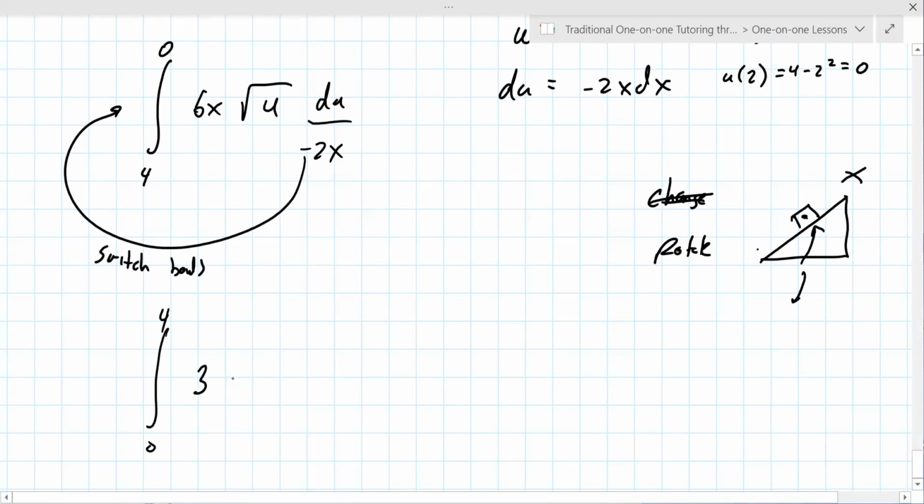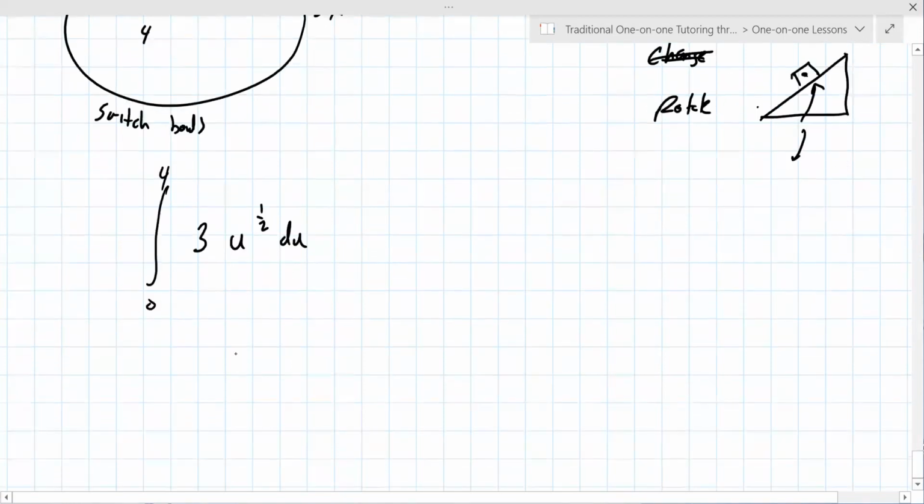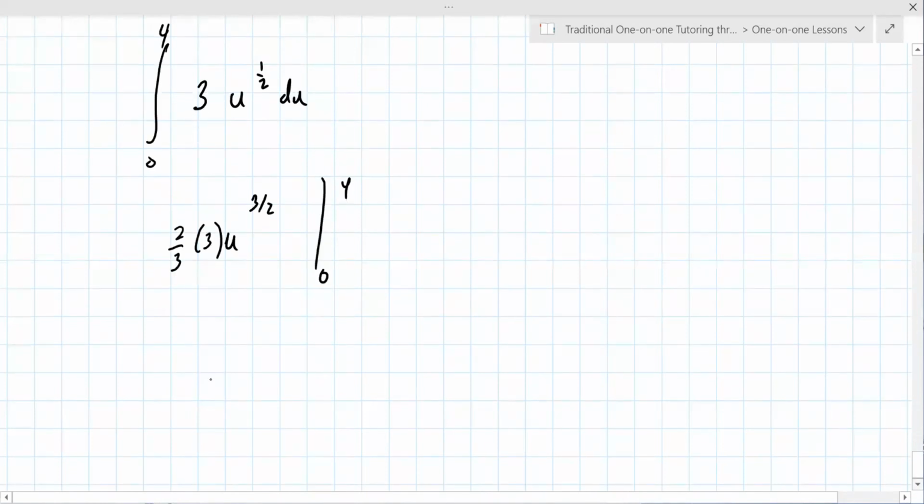So 3u to the 1/2 du. And now we're going to evaluate in terms of u. So u to the 3/2. There would be 3/2 on the bottom, but you can multiply by the reciprocal. You can see this problem is very carefully chosen because of all these nice things that work out.